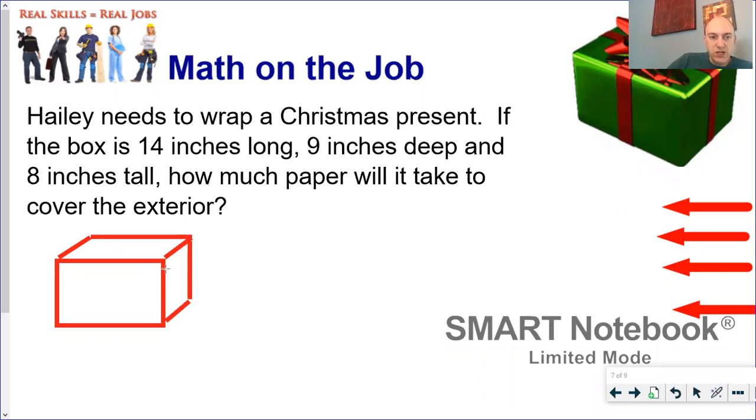So it's 14 inches long. It is 9 inches deep. And it is 8 inches tall.